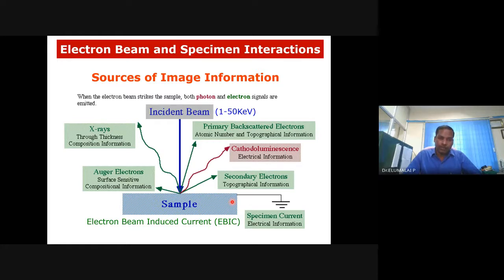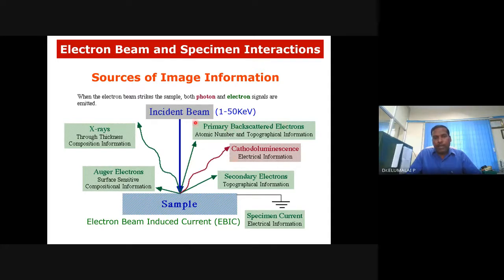Similarly, with Auger electrons, you will be able to get surface information. What is noted in electron microscopy is the intensity of secondary electrons and the intensity of backscattered electrons.